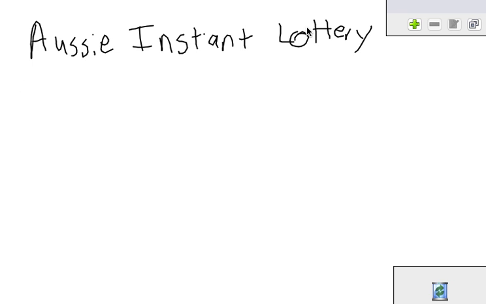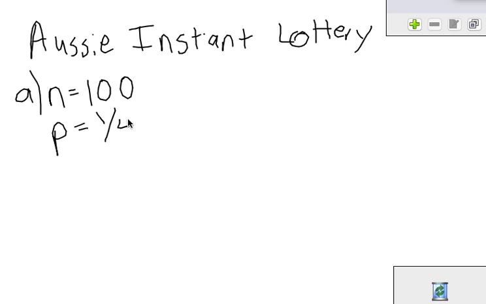Okay, so as we continue for part A, it is going to have a binomial distribution where our fixed number of trials is 100 and our probability of winning is 1/4. So that's our information that we have given up front, and we are looking for the probability that y is less than 20.